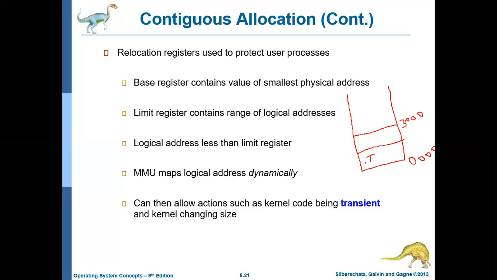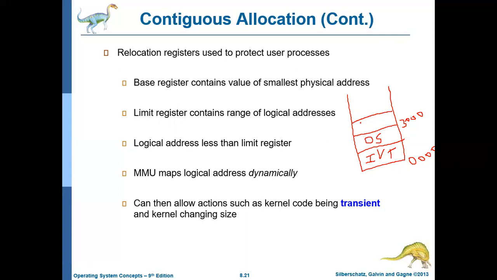Now sometimes the operating system size may shrink and it may grow. The size of the operating system need not always be the same. It may change dynamically. Say, for example, the operating system wants to load one extra hardware driver, say a print driver.